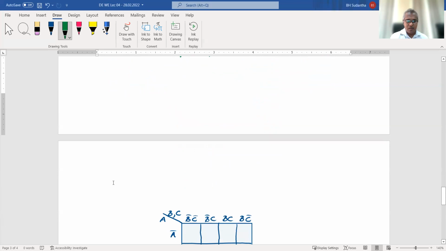Shall we try another example, one or two examples like that? Then we can finish this one more.